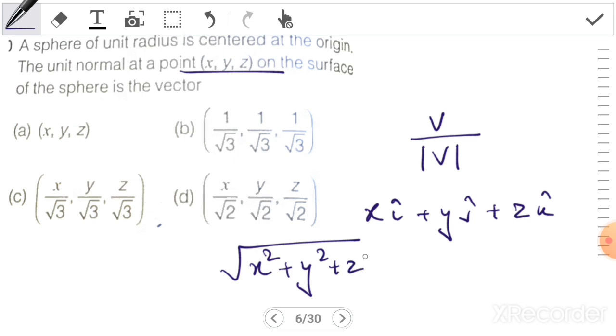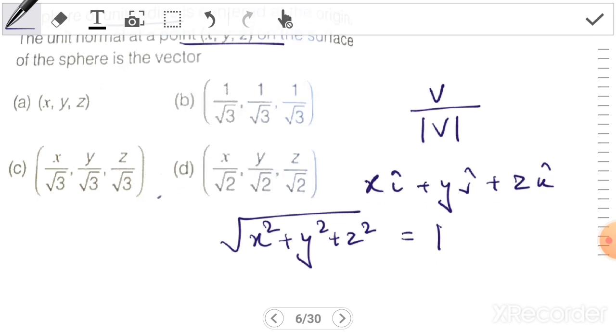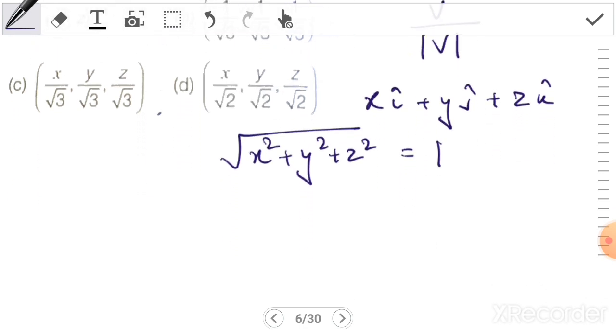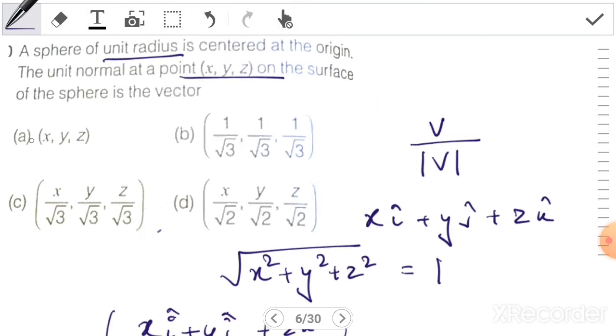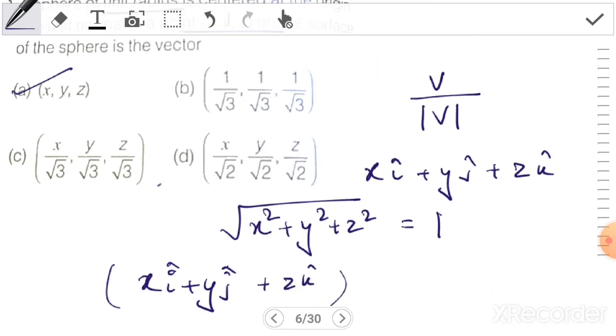That is nothing but the radius of the sphere, which is 1. So the unit normal will be xi plus yj plus zk cap, right? So x, y and z. This is the right answer.